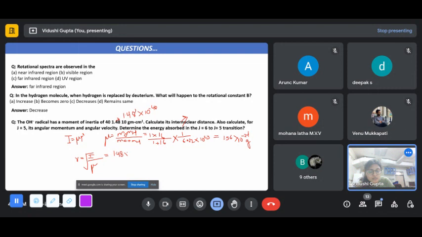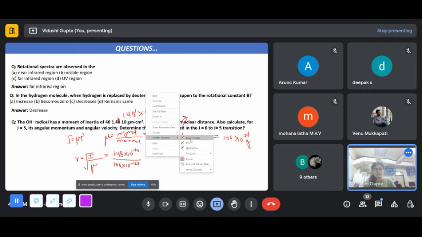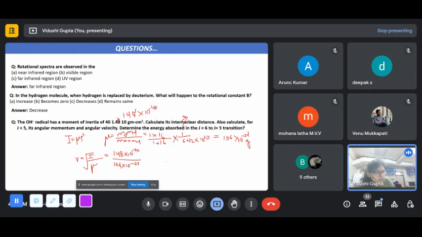What will be the value? You just have to divide these two values. What will be the value of internuclear distance?